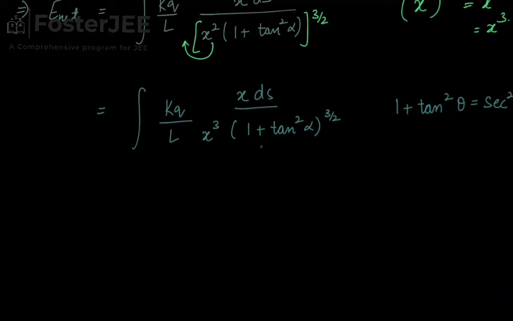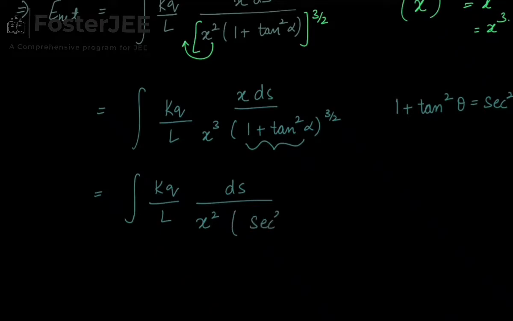So we will substitute the value of 1 plus tan square alpha as sec square alpha, which becomes integration kq upon L ds upon (x square into sec square alpha) whole power 3 upon 2, which becomes integration kq upon L ds upon x square sec cube alpha.